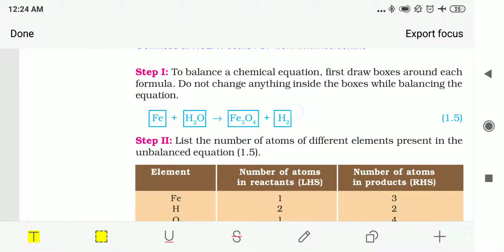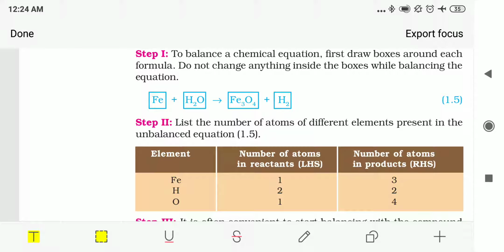The next step: this is the equation we have. List the number of atoms of different elements present in the unbalanced equation. The first step is to make boxes around the formulas, and the second step is to make a table of all the different elements present in the unbalanced equation.